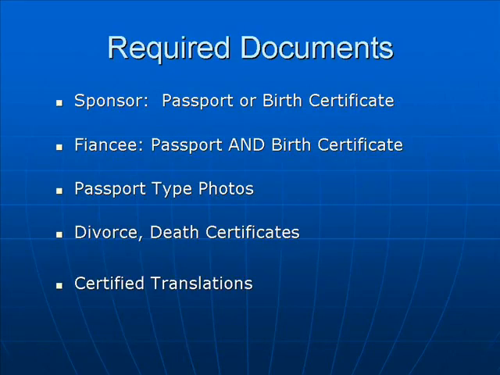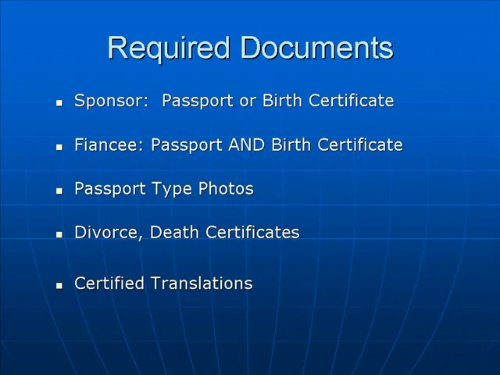Along with the government forms that you filled out and you'll be sending in, you need to attach some supporting documents. The basic ones that are always required are, first of all, the sponsor must identify himself either by a copy of his passport or birth certificate.